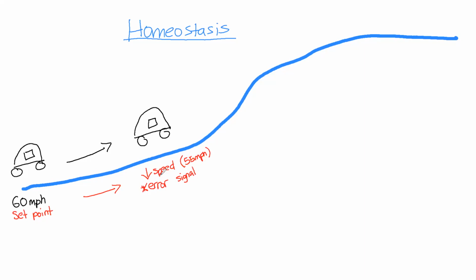Now, as a part of correcting this error signal, the next thing that's going to happen is the car is going to naturally, as a reaction, increase the gas flow to the engine. So here's our car again.